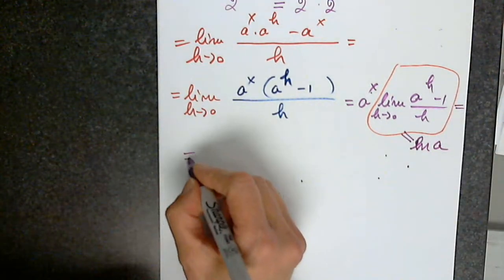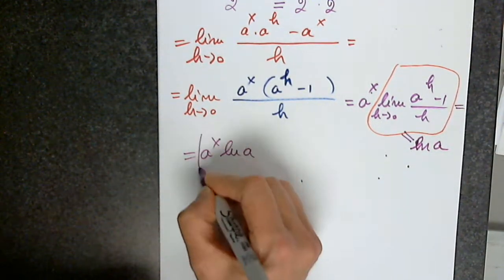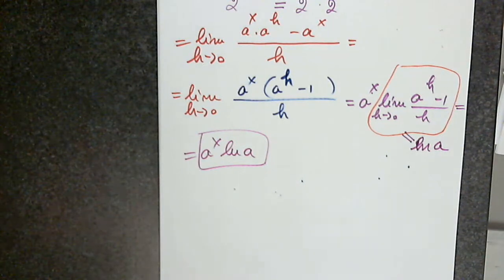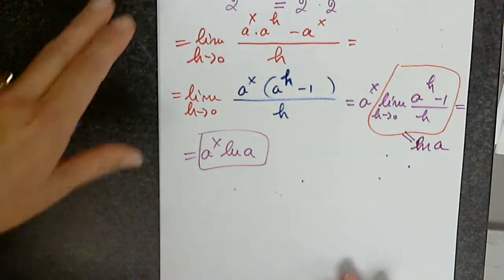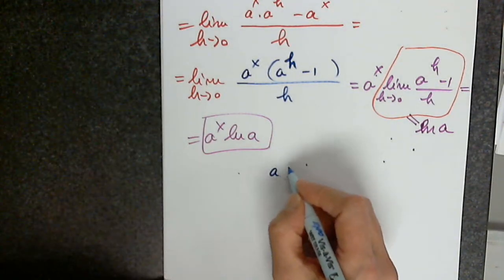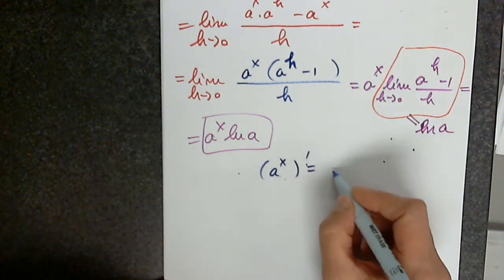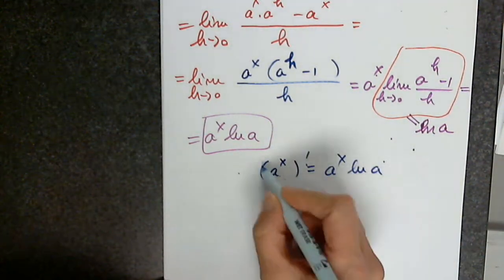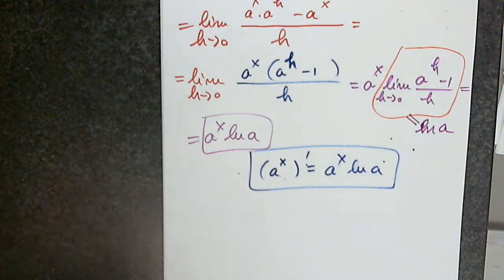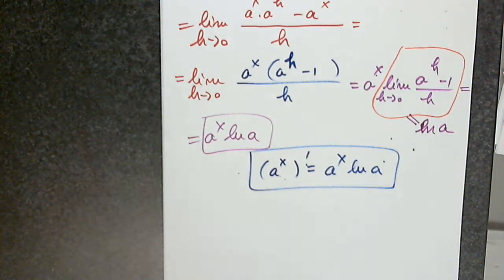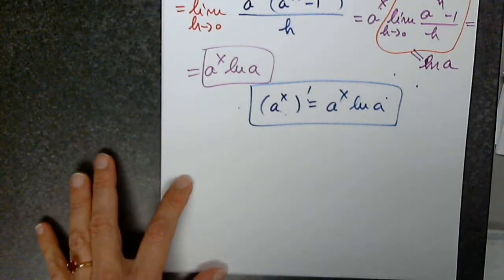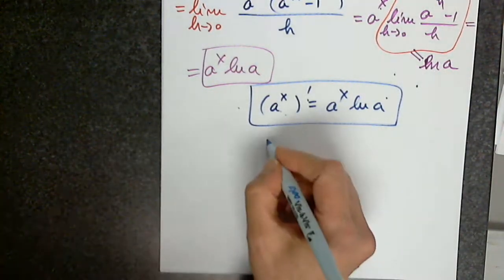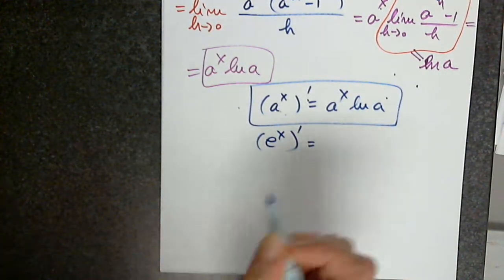That's the derivative of a to the x. So a to the x prime equals a to the x times natural log a. Let's put it on the handout if you want. And now I would like you to tell me what e to the x will be.